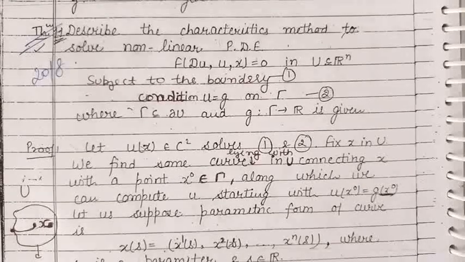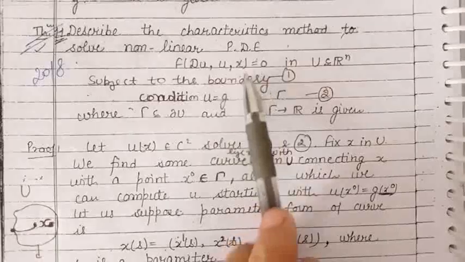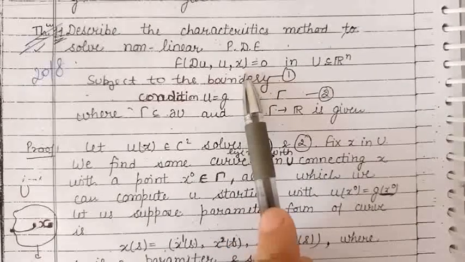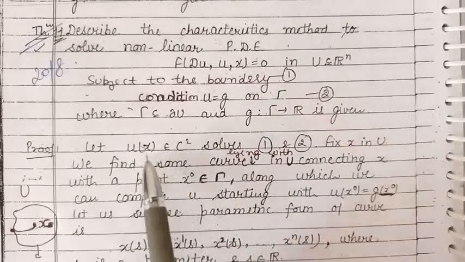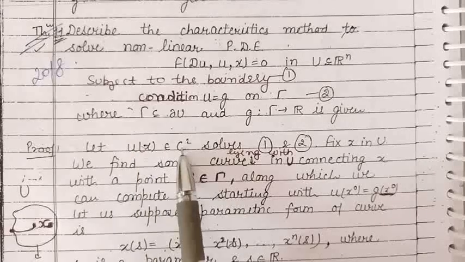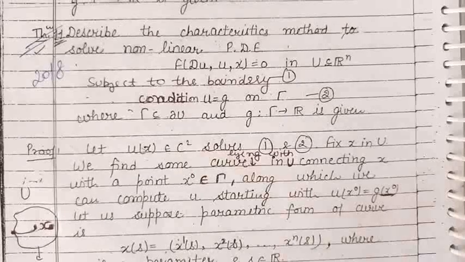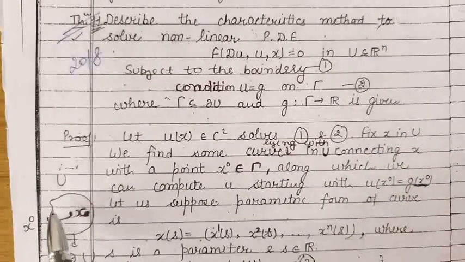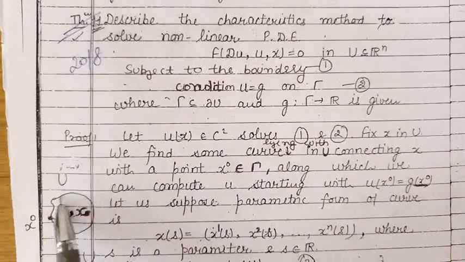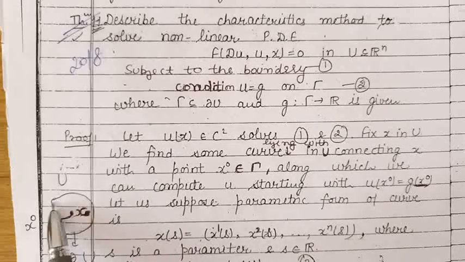Let us take the solution of this partial differential equation subject to this condition to be u, which is a twice continuously differentiable function. Now let us take, this is the set U and this denotes the boundary of U.